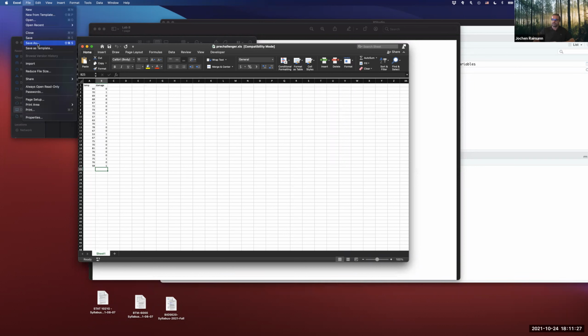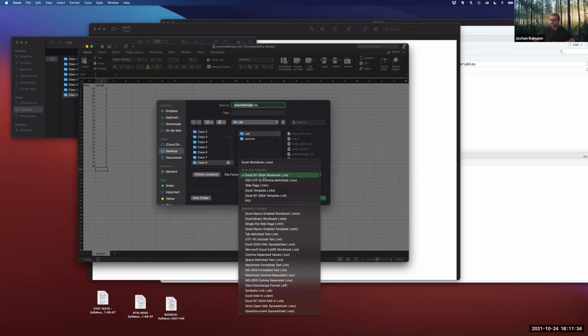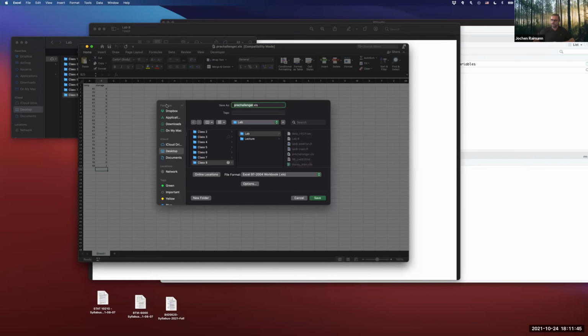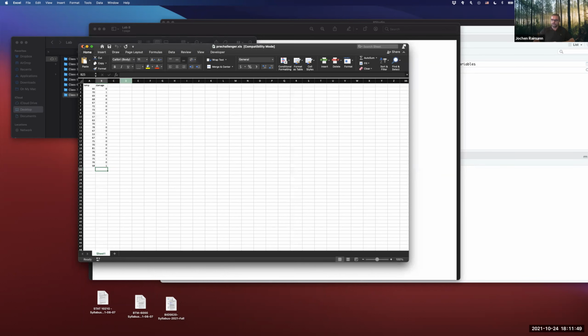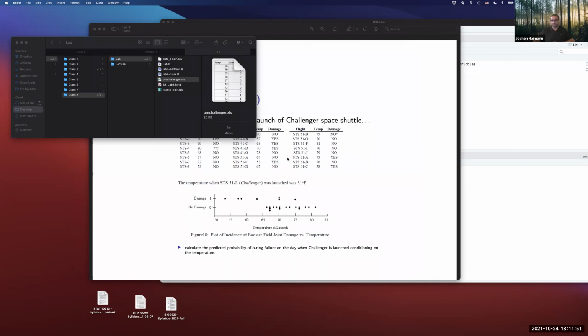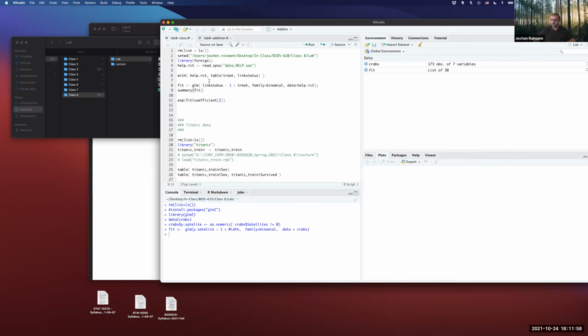This can easily be done by just clicking on Save As and changing the file format to what I would recommend, MS-DOS, comma separated value file, CSV. This will allow you to save it as a CSV file, and then you can load it easily into R. There are some Excel packages that allow you to load Excel files, but it's probably easier if you load it as a CSV file.